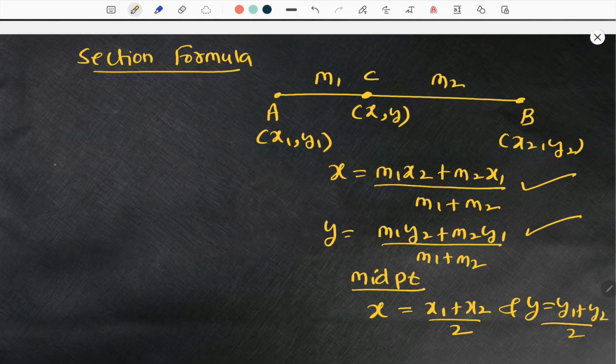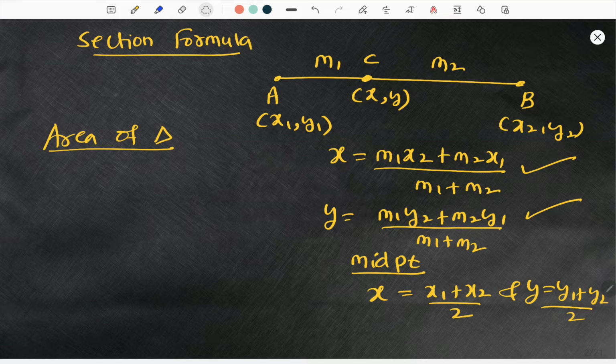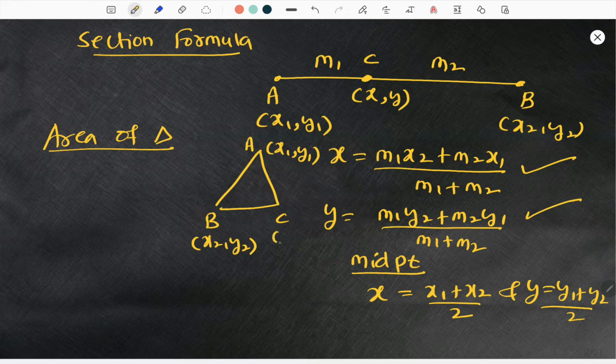Similarly, we have the area of a triangle. This is a little bit lengthy formula, but quite simple. For example, we have a triangle ABC, where A has coordinates x1, y1, B has coordinates x2, y2, and C has coordinates x3, y3.